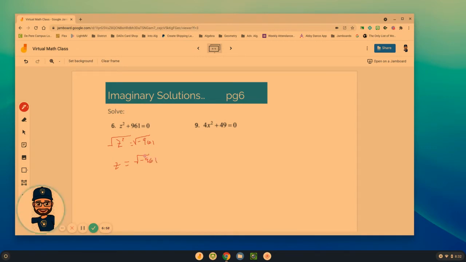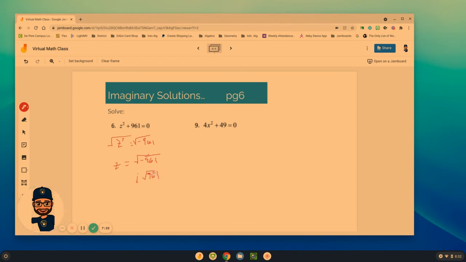Now, when we were previously doing this, we didn't know how to take the square root of a negative number. It was virtually, I'll say, impossible. And so now we've learned a method that allows us to remove this, not remove it, but replace it with the letter i on the outside times the square root of 961.